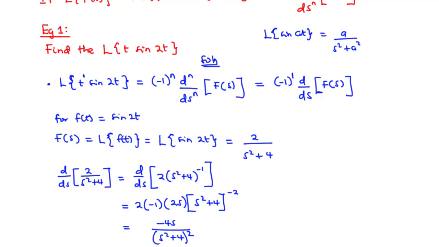So this will be equal to -1 times -4s over (s squared plus 4) all square, and that will be equal to, negative times negative is positive, so 4s divided by (s squared plus 4) all square. So this is the Laplace transform of the function t sine 2t.